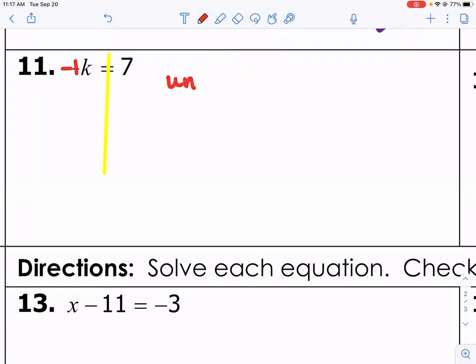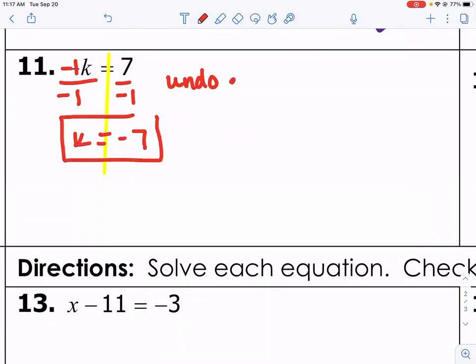So we need to undo the multiplication by dividing by that negative 1. And you said we're going to get K equals negative 7. Okay, how do you feel like Trent and Quinlan did? Good. Does your work look like that? If you only have K equals negative 7, I don't want that. I want you to show your work, okay?